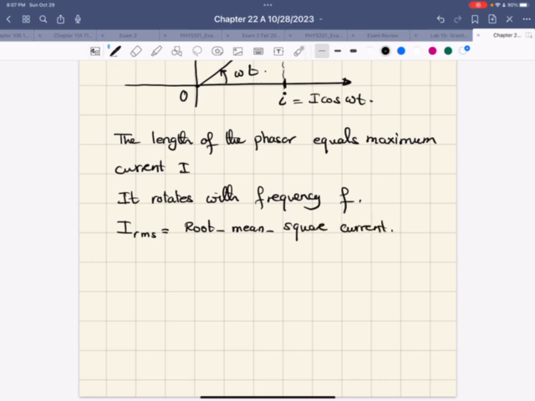This is a statistical value, and we know that this value is the maximum value divided by square root of 2.